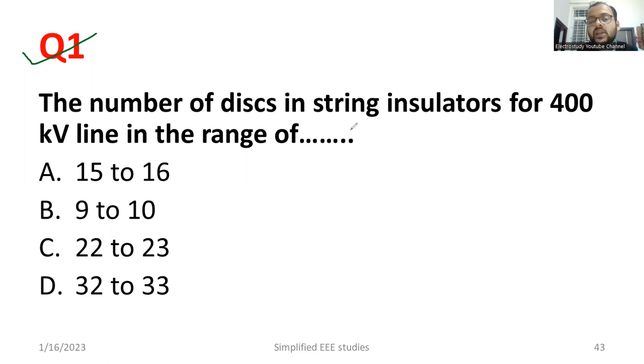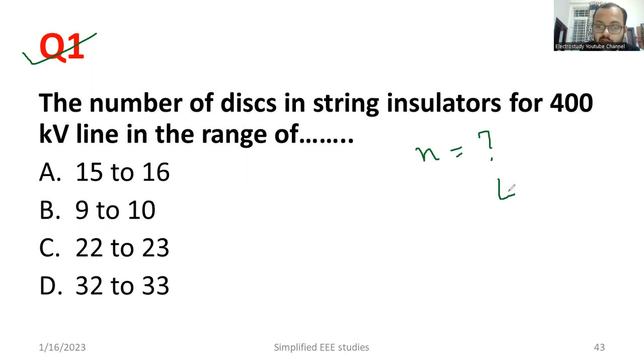There are different types of insulators: pin type, disc type, etc. However, moving on to the question, you need to calculate the number of discs in a string insulator for 400 kV. String insulators are kept vertically, right? How many insulators are required for a 400 kV line?